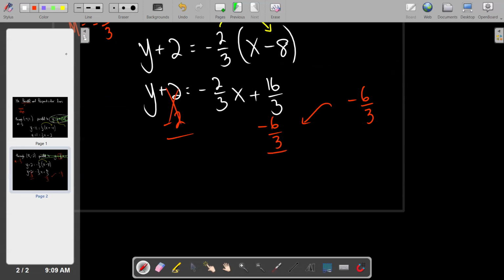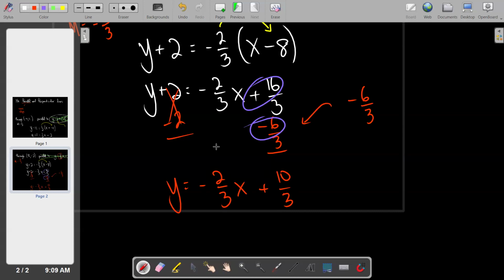And that leads me to my answer, which is y equals negative 2/3 of x plus 10/3. Great job if you got that. Some of you have x minus 10 thirds, but this is just a positive 16 minus 6. 16 minus 6 is plus 10, right? Of course.